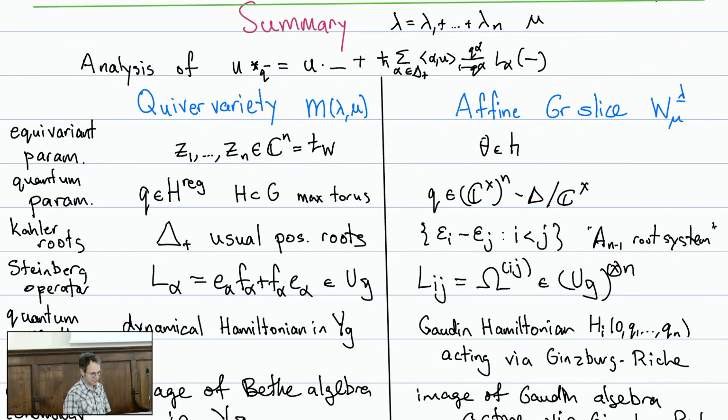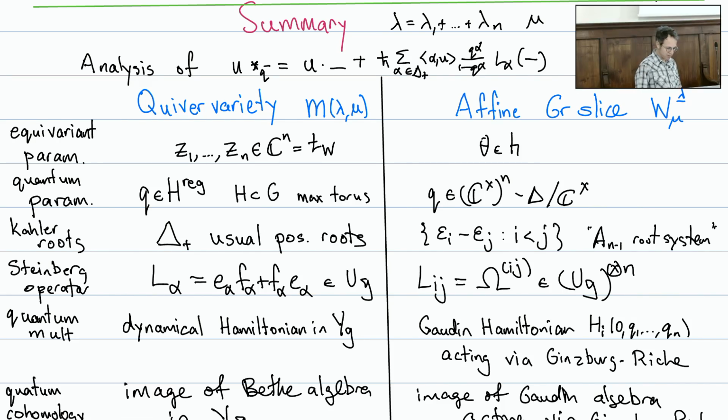final summary chart. Maybe just enough time to present this chart. Let me just recall what we've done. We started with the data of a simple Lie semi-simple Lie algebra, 2 dominant weights, and the lambda we wrote as a sum of minuscules.